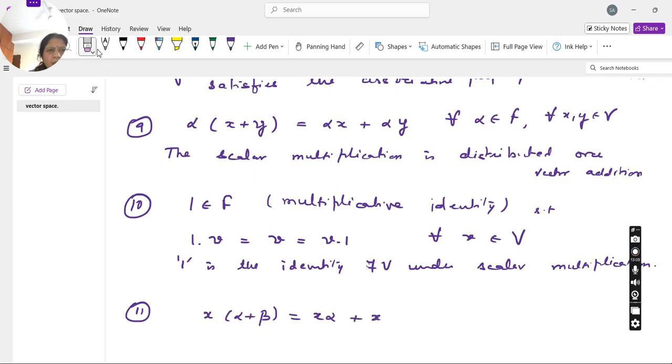Because scalars are usually written on the right side, you can write it here. Since fields are commutative, if it is left distributive, then it is right distributive, and vice versa. So we have alpha plus beta v equals alpha v plus beta v. That means vectors are distributed over scalar addition.